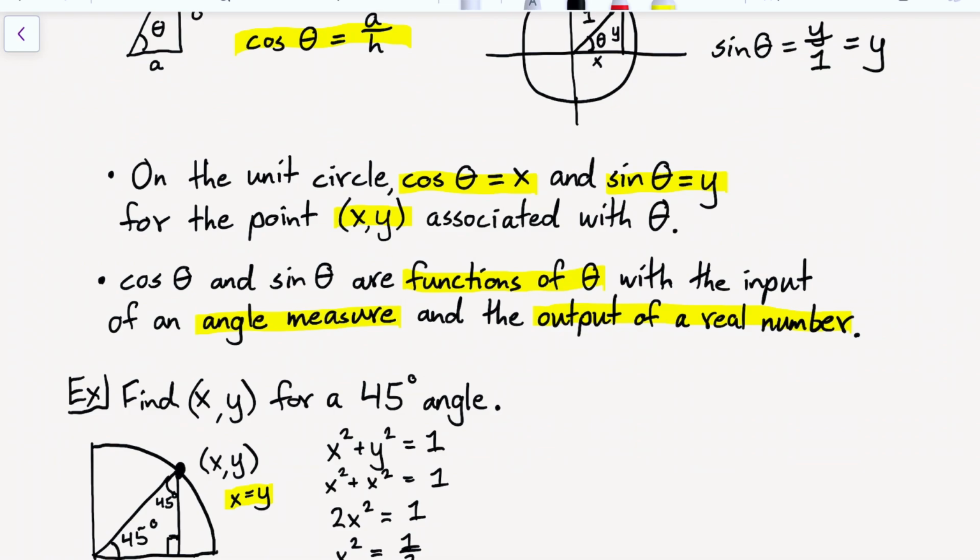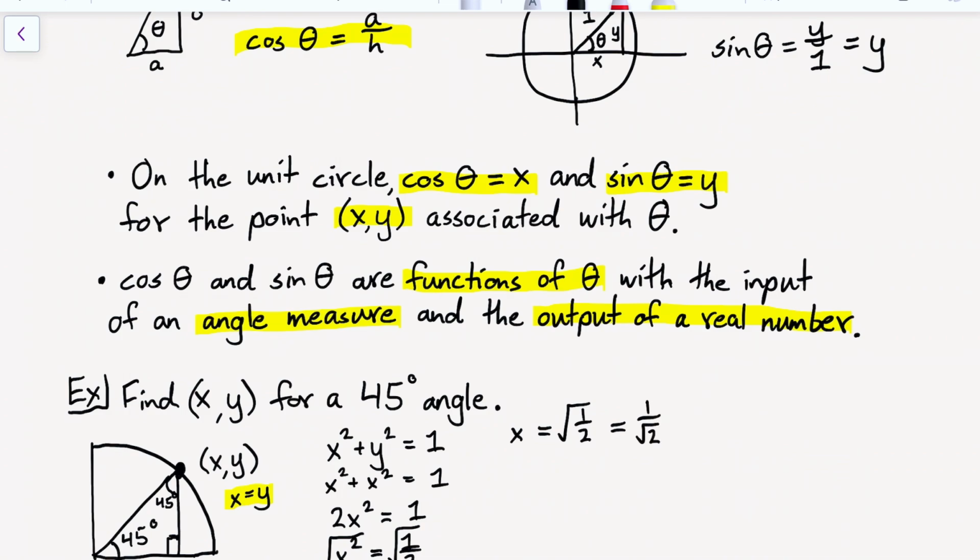We'll take a square root to evaluate for x, so square root of each side. I'm only going to consider a positive square root because the x value must be positive. We're working with a length in the first quadrant here. And I get x equals the square root of 1/2.